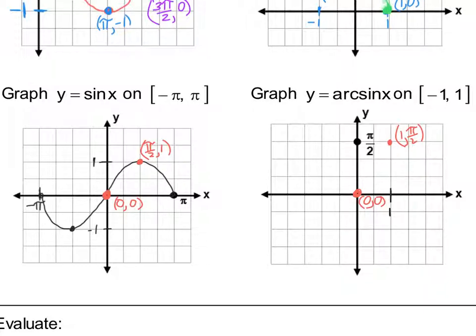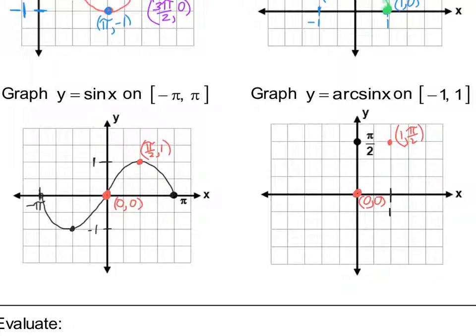And one additional thing that you can look for is not the vertical line test, but the horizontal line test in your original function. Because the horizontal line test does to the original function what the vertical line test does to the inverse function. So if there are any points that would fail the horizontal line test for the original function, that would give you a clue as to what would fail the vertical line test for your inverse function.